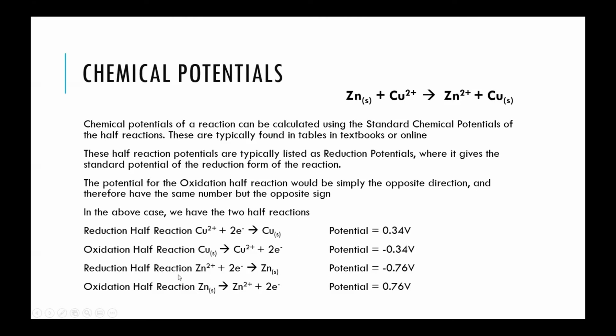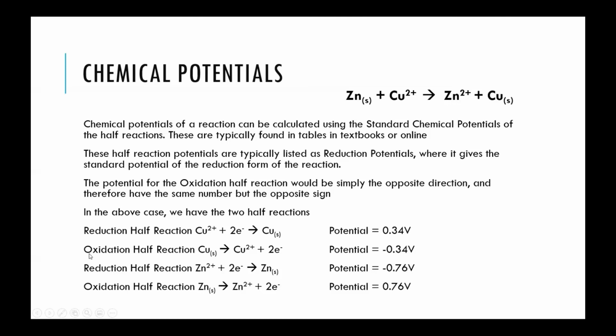The reduction of zinc from zinc ion gaining 2 electrons to go to zinc metal has a voltage of negative 0.76 volts. Those are the standards that would be given in reduction potential tables, either in textbooks or online.